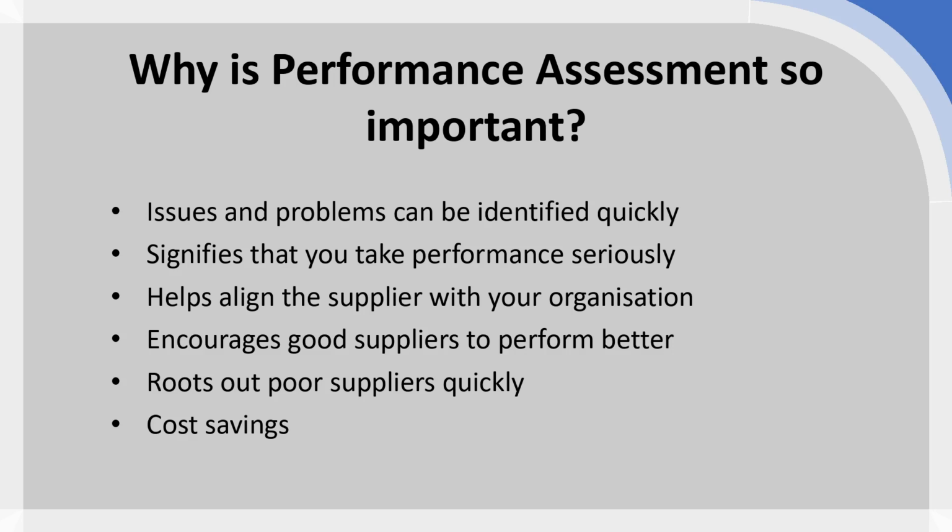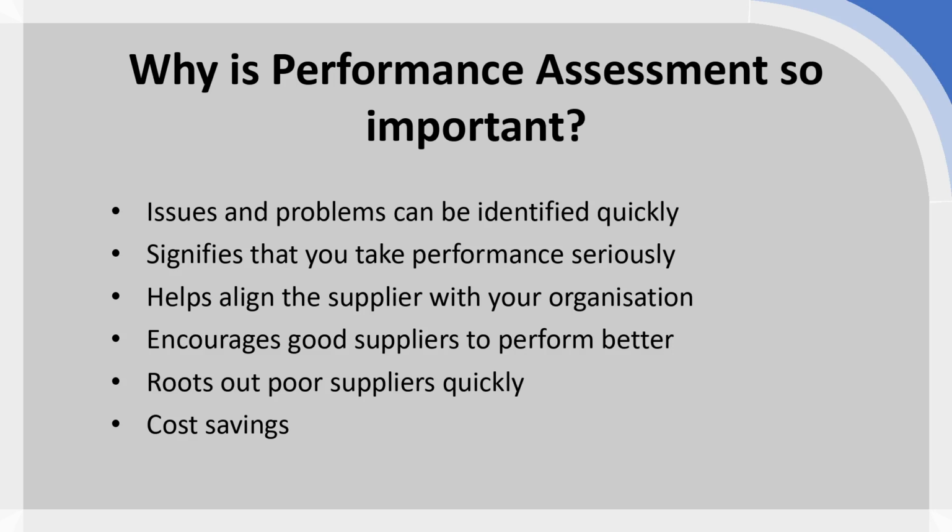But if you do not identify this, so deliveries start coming in slightly later and later, quality standards start slipping, response times start lengthening, and you don't get this picked up, you're effectively signaling to the supplier that these issues are not of major importance, and you're not taking performance all that seriously.